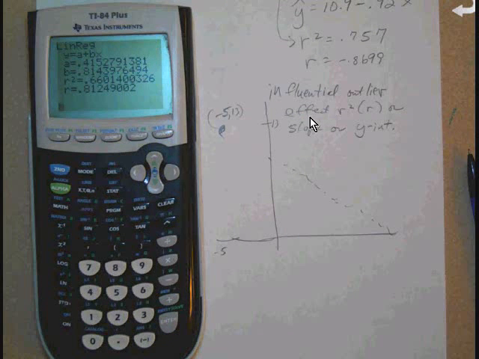B is now a positive slope. My y-intercept has definitely changed. My r-squared is down to 0.66. So that one was pretty darned influential.